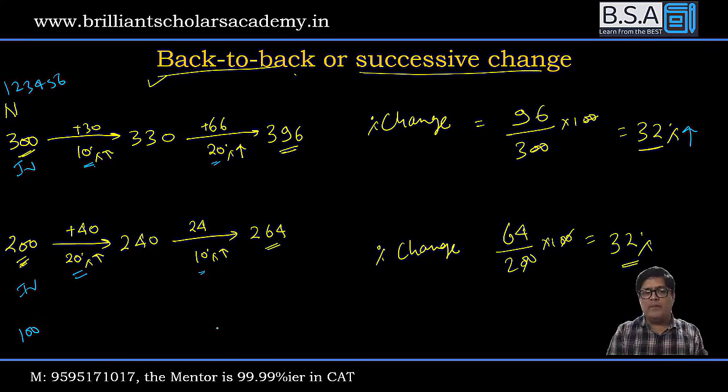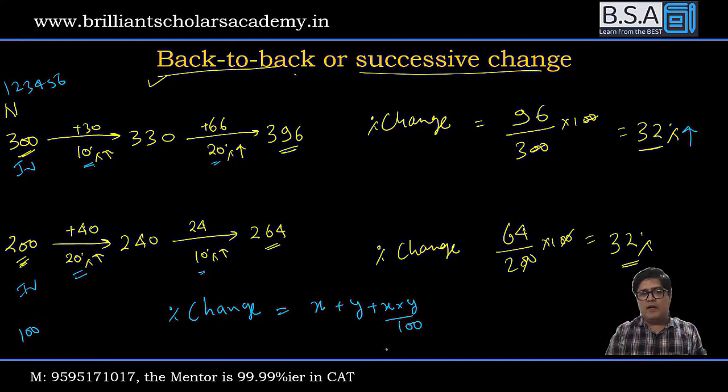Now here's the formula. The overall percentage change is always given by x plus y plus x into y upon 100, where x is a percentage and y is a percentage.